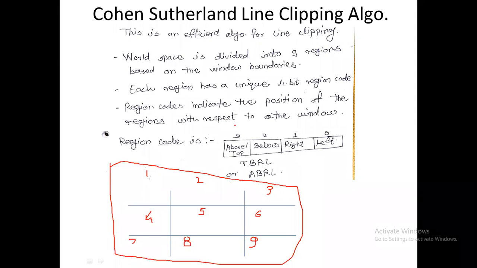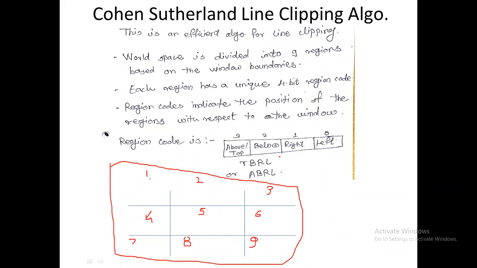Now the region code is also called the out code. Each region has a unique 4-bit region code, or out code. These are the 4 bits, say 0, 1, 2, 3, of that region code. The region code indicates the position of the regions with respect to the window.